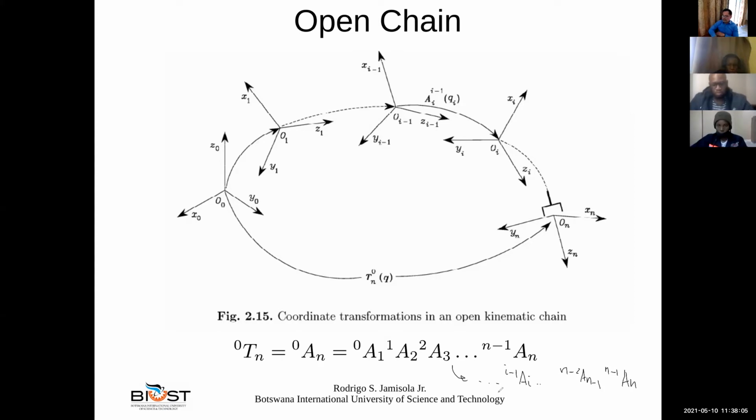I'm just emphasizing that the i frame can be any frame within the range of 0 and n. So you can put i somewhere, or you can even put i as 1, but it's between 0 and n. So you make those series of transformations to find the transformation matrix of the base frame with respect to the end effector frame. This one we know.